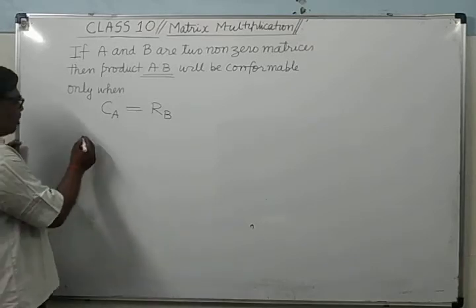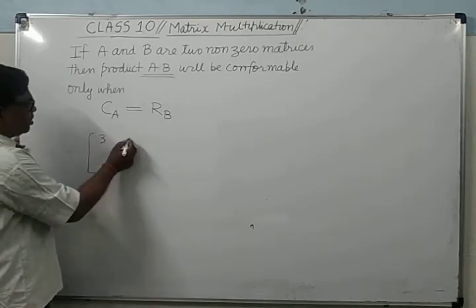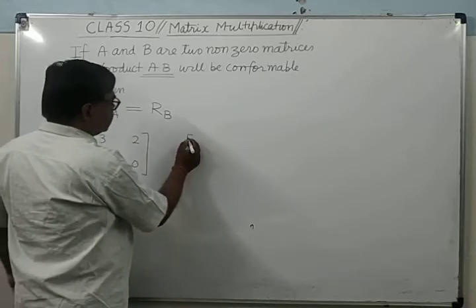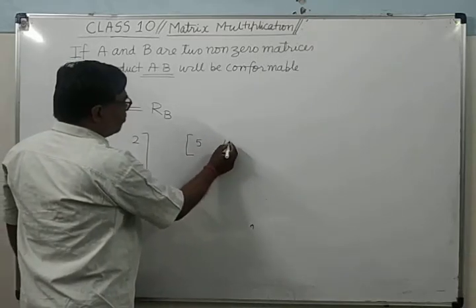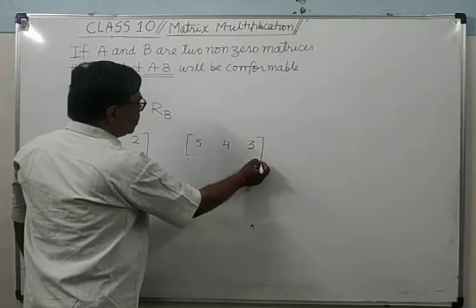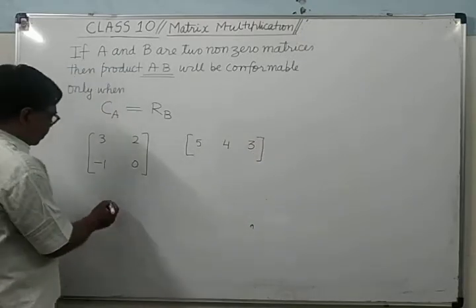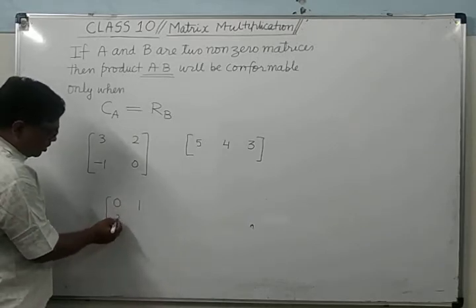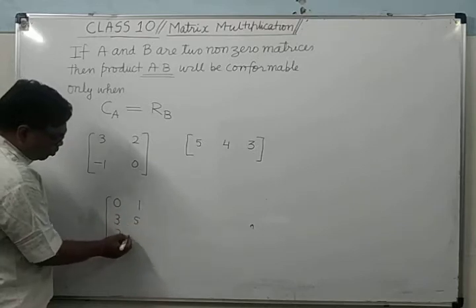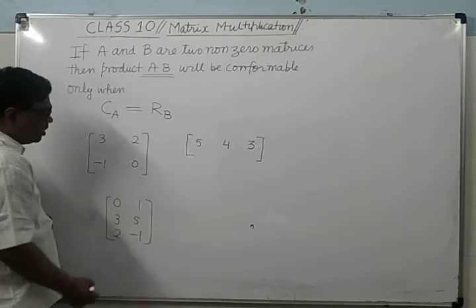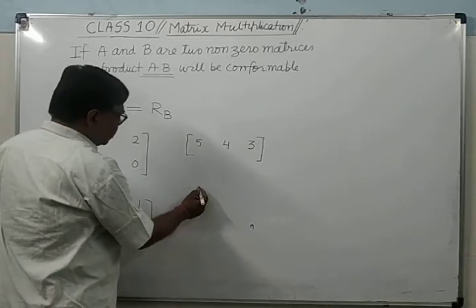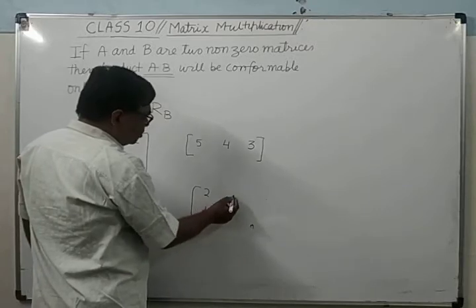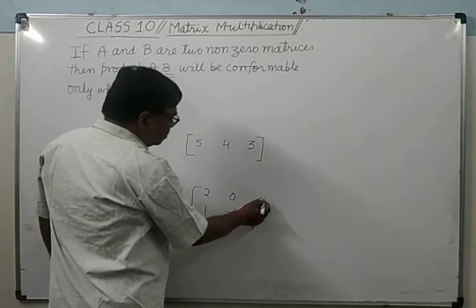Here I am writing some matrices. This is 3, 2, minus 1, 0. There is one matrix. This is 5, 4, 3. There is one more matrix here: 0, 1, 3, 5, 2, minus 1. Then here this is one matrix: 2, 1, 0, minus 1, 0, 3.